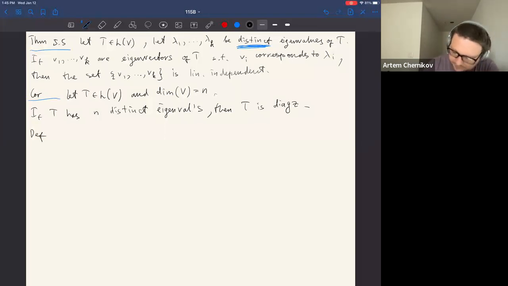Now, let's define a stronger property of the characteristic polynomial. So first, a general property of polynomials.